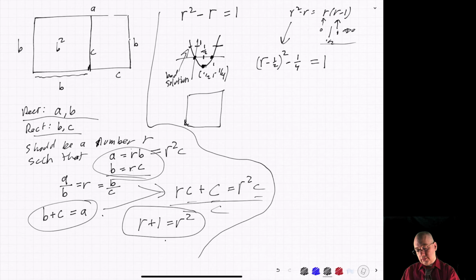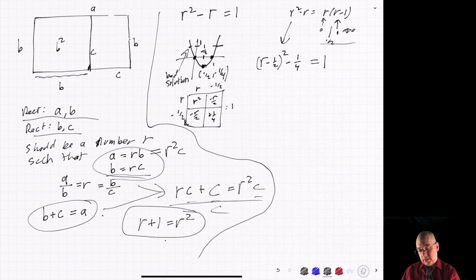Just to verify what I've done, let's see, what is this? This is minus... So if I want to square out r minus 1/2 squared, I could do this. Here's a nice little square. R squared minus r over 2 minus r over 2, and then plus 1/4.